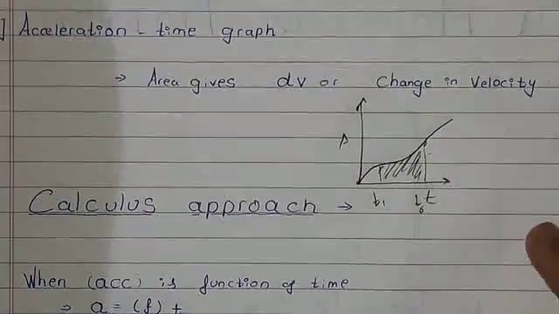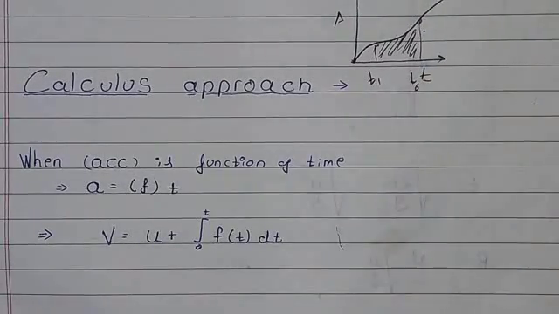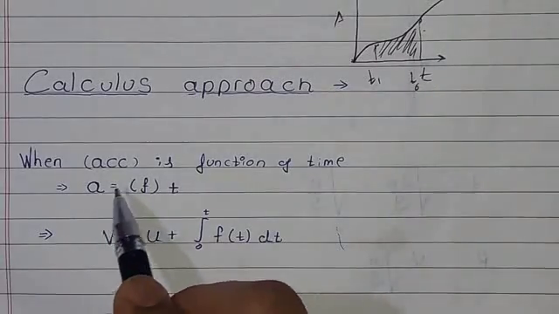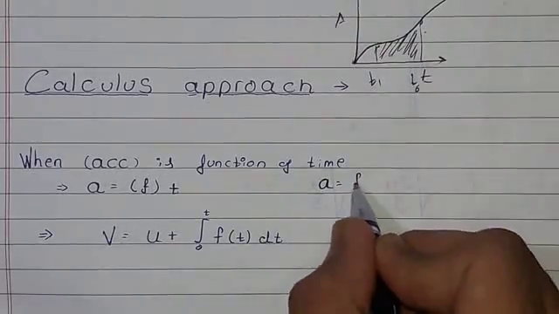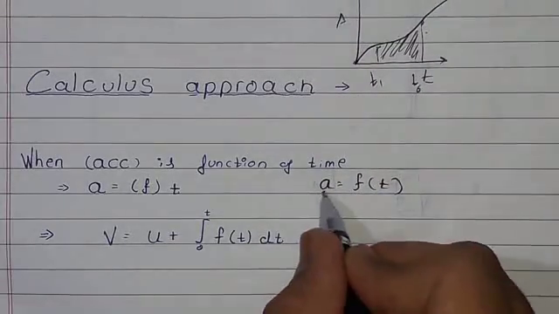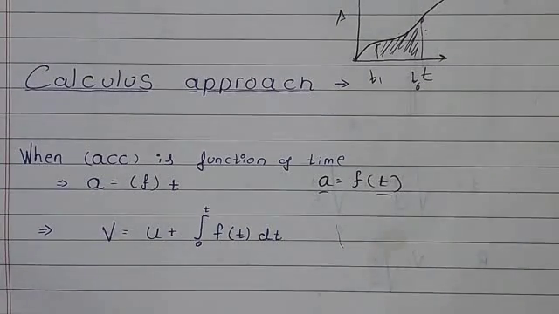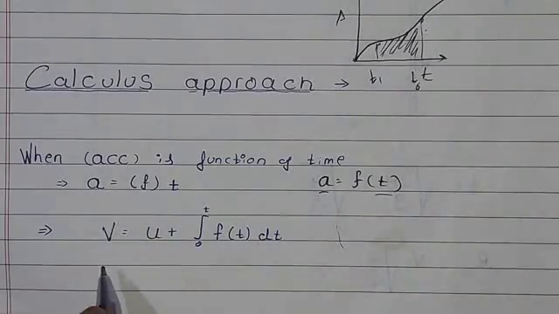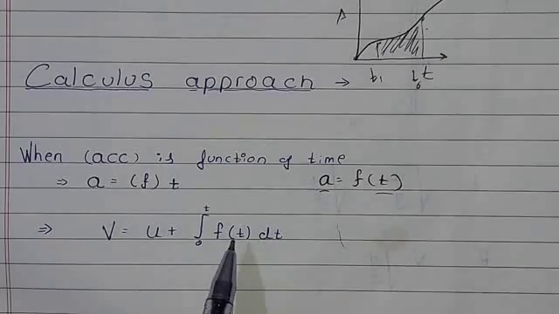And now let's move on to our next topic, that is the calculus approach. What does the calculus approach say? When acceleration is a function of time, that is when a equals f(t), where a is the acceleration and t is time, and f is any function, of course you must know what a function is. Then, please don't say that you don't know Newton's kinematic equations, that is v equals u plus at.